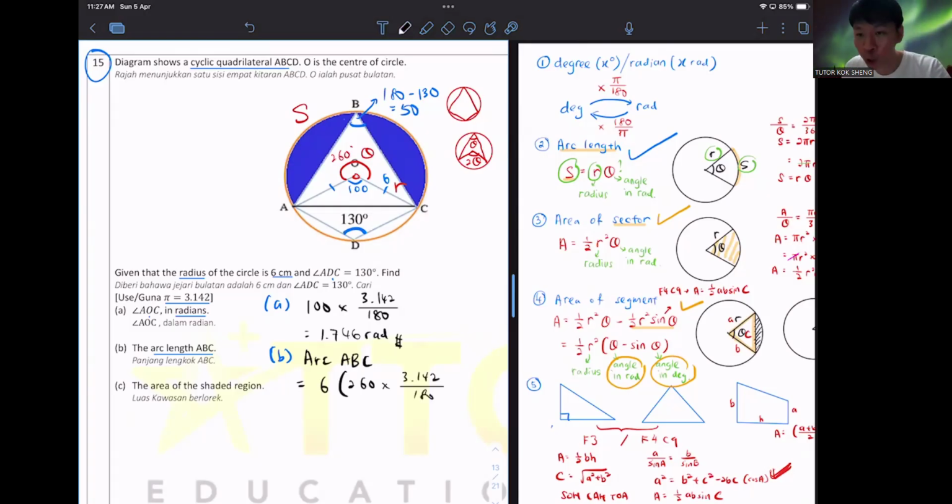The pi, 3.142. 260 times 3.142 over 180 times 6, you got 27.23 cm.